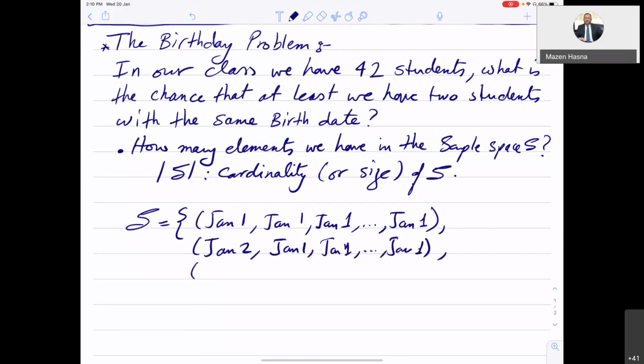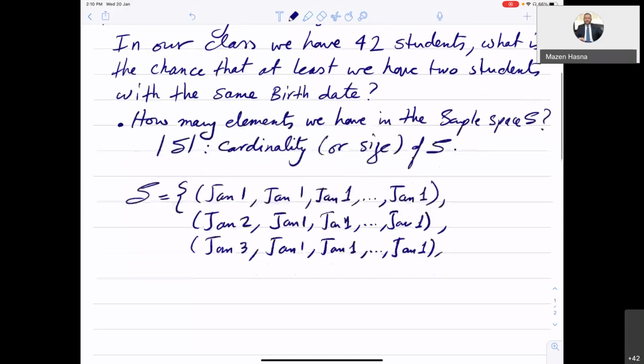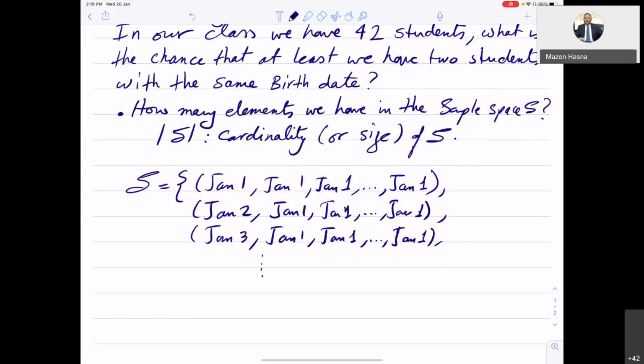Then you have to count all options, right? So every time you change the birth date of the first one, you keep doing this. Once the first student reaches January 31st, you go to February, all the way until the first student reaches December 31st.